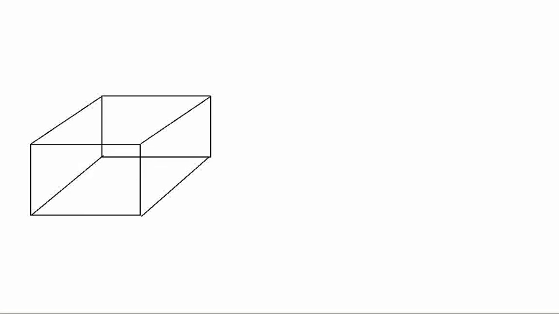So for this prism, the dimensions are 2 centimeters, 3 centimeters, and 6 centimeters. Okay? So find the volume and the surface area of that prism. Pause the video and do that now if you like.